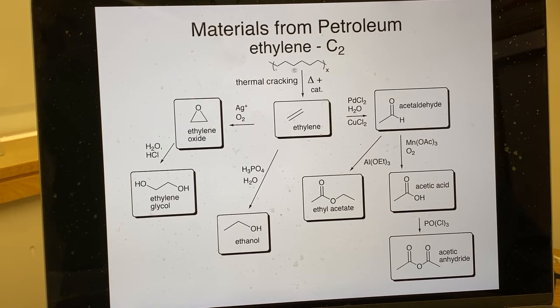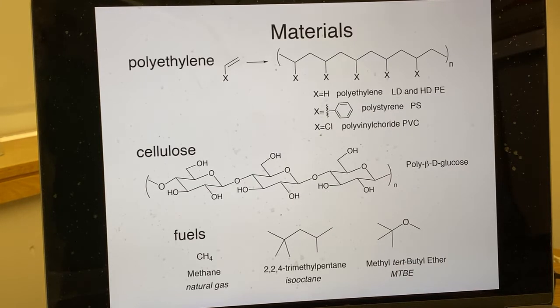A lot of these come out of petroleum, where initially we have a hydrocarbon material, long chain, nonpolar alkane material that's cracked to ethylene, which is a gas, and that can be easily converted to polyethylene and all these other different materials. We'll learn a lot about those types of reactions and those materials. Like the alkene polymers, we'll see that in chapter 21. Cellulose and the sugar polymers we'll see in Chem 352.